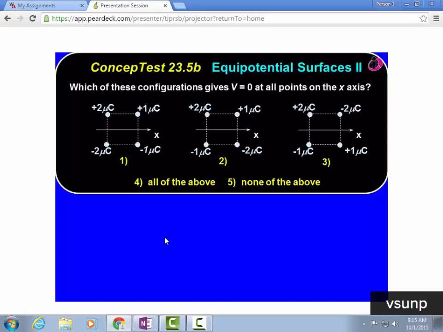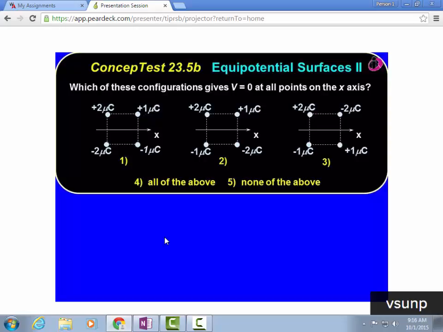Okay, so what do you got here? Which of these configurations gives v equals 0 at all points on the x-axis? On the x-axis. Wait, it's one. All points of the x-axis.